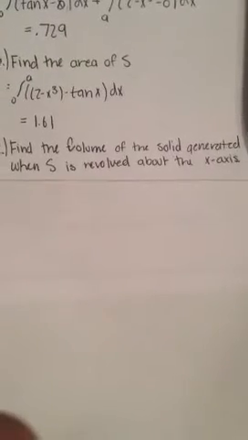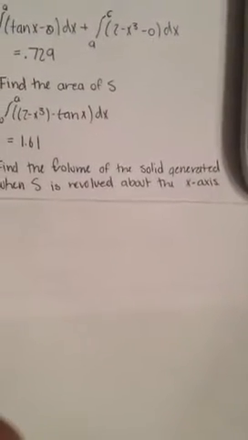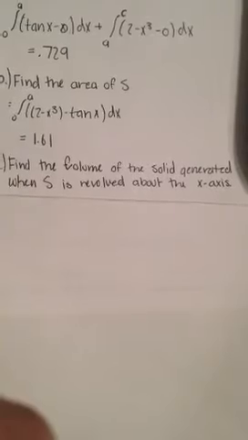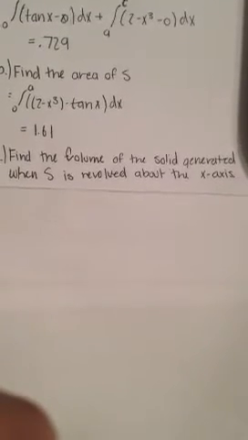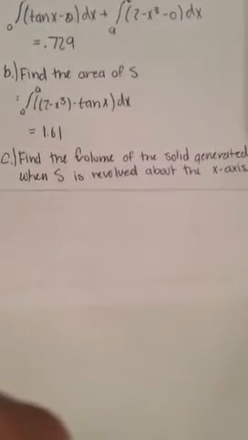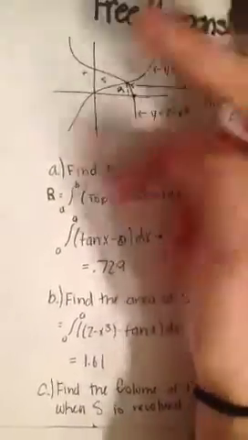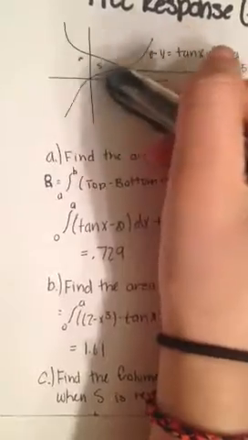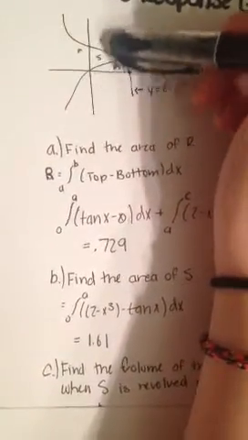Then for the last bullet point, it asks you to find the volume of the solid generated when S is revolved around the x-axis. So you're trying to see this area going around the x-axis like this.